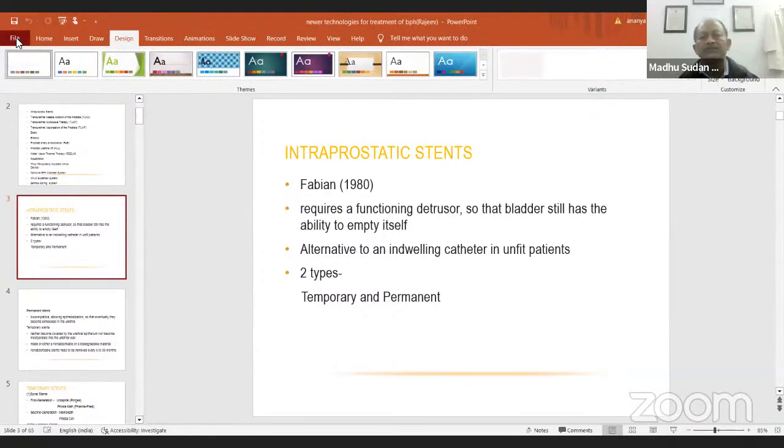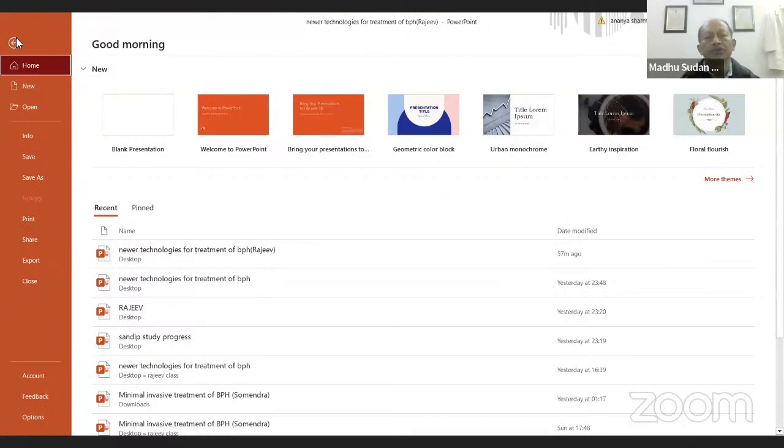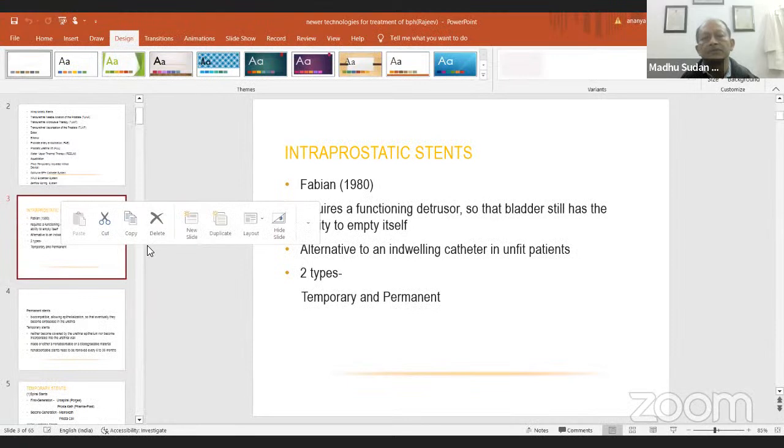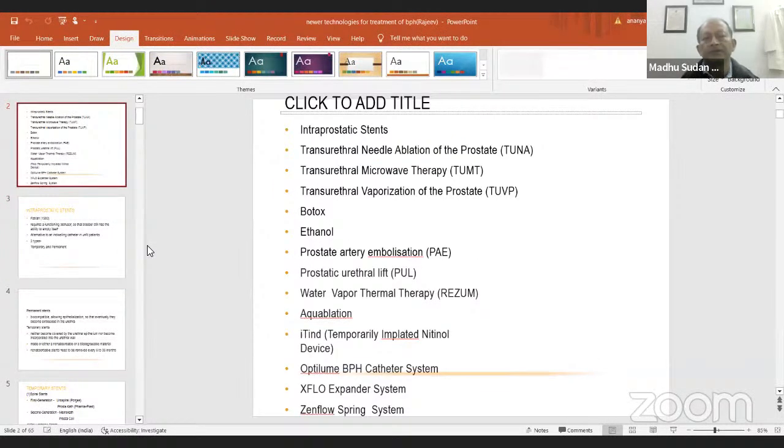There are very good classifications available where you can describe the different options, instead of bunching them all up together like this. It would have been better, or at least in future we can do that, to put them all in different subcategories and then discuss them one by one.